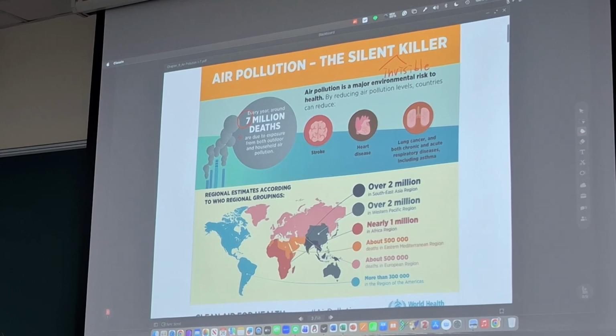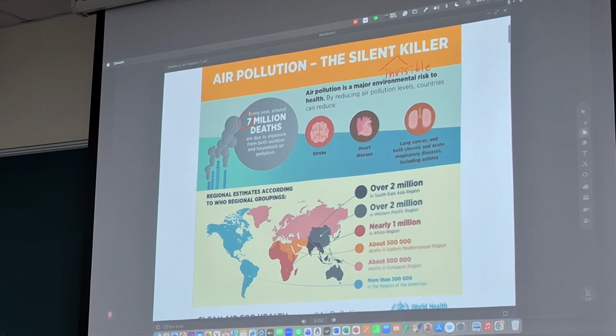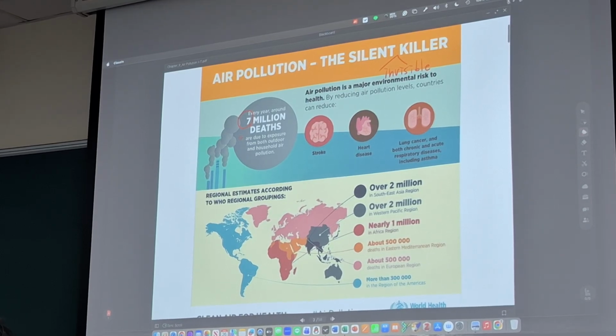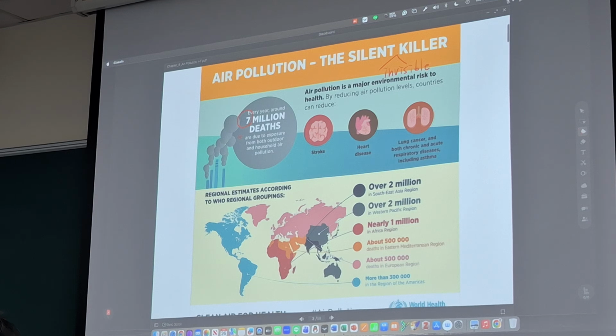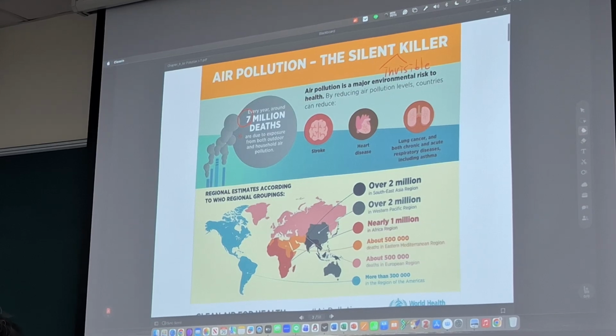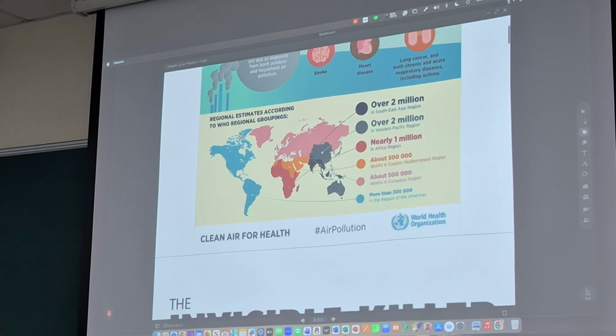That's the reason you do not notice, but it affects our life. So I call air pollution the silent killer. You cannot see it, but it still harms your body gradually.